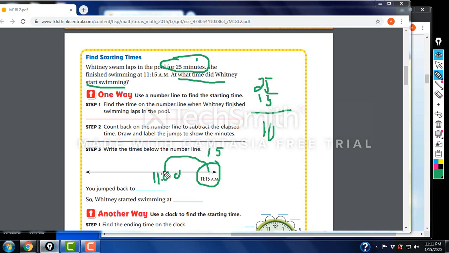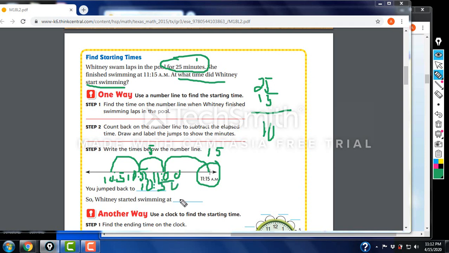So from 11, I jump another 5. That's 10:55. I jump another 5, and I'm at 10:50. So you jump back to 10:50.